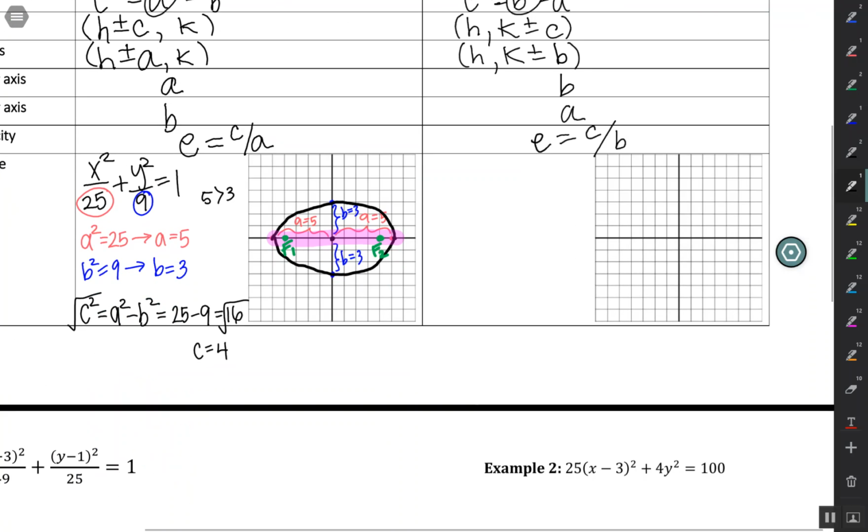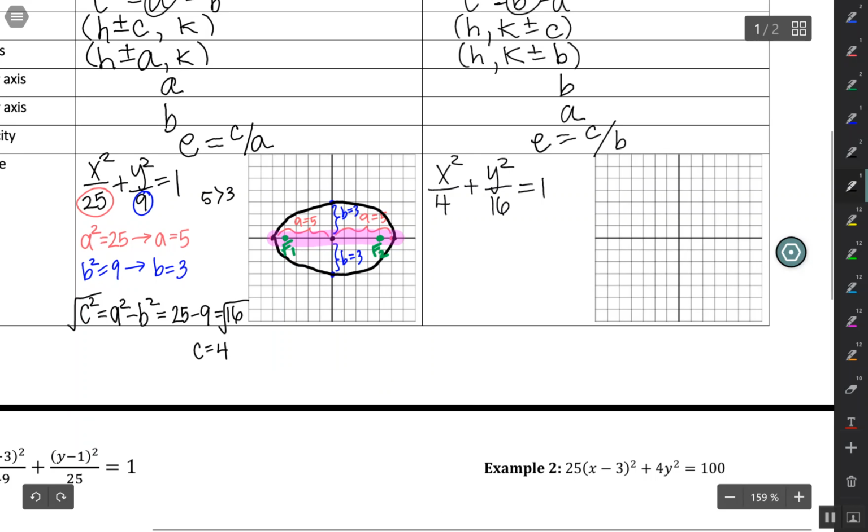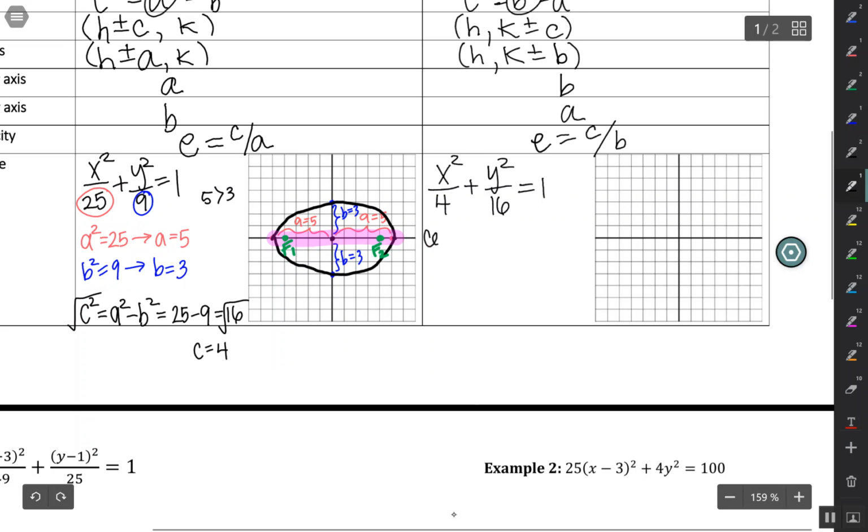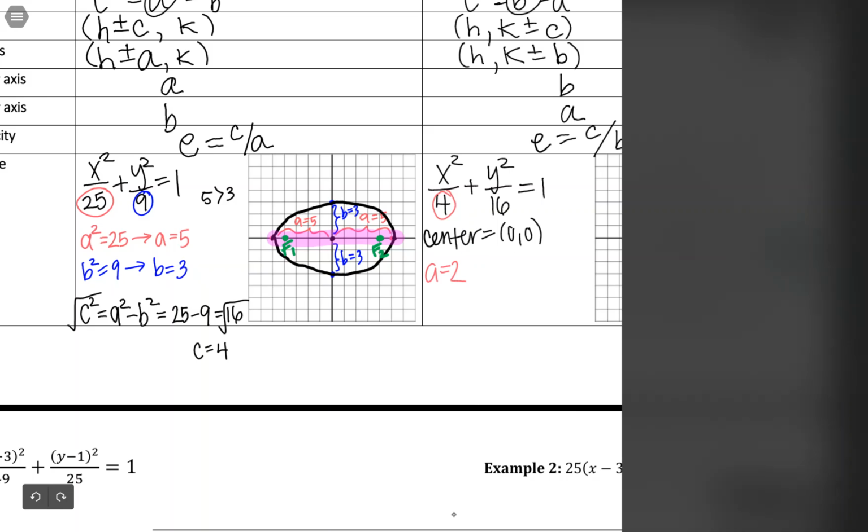Okay, so let's look at an example. Let's do x squared over 4 plus y squared over 16 is equal to 1. Okay, so no h or k, so the center is at 0, 0, just like with parabolas. So I'm going to put a dot at 0, 0. That's my center. And let's find a and b. So a is the square root of 4, so 2. So I'm going to go left to right 2.